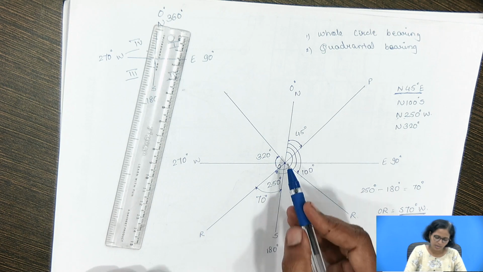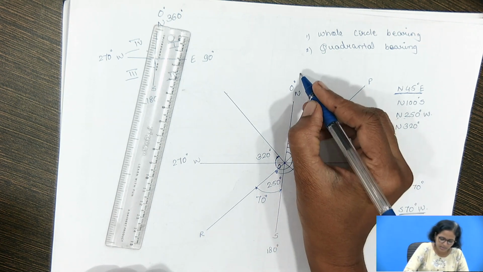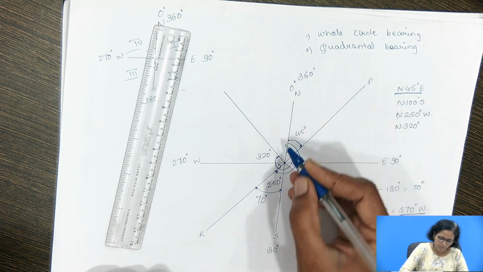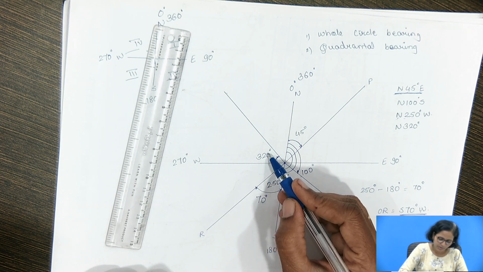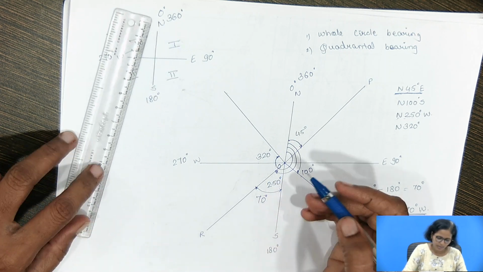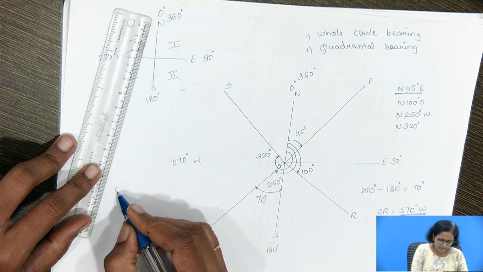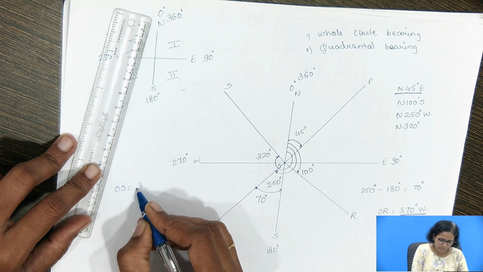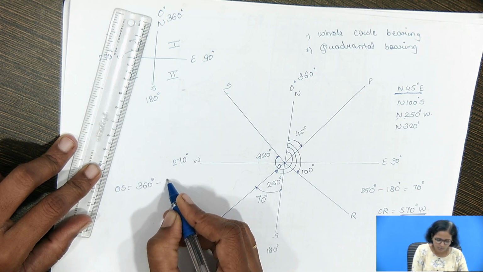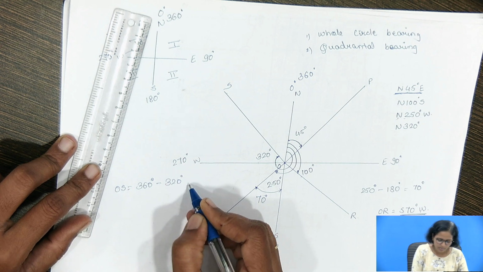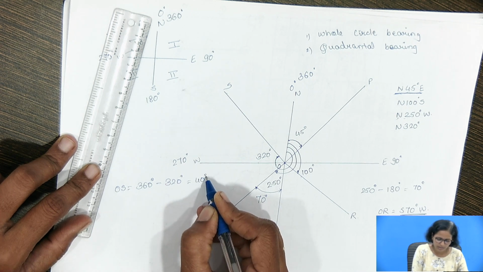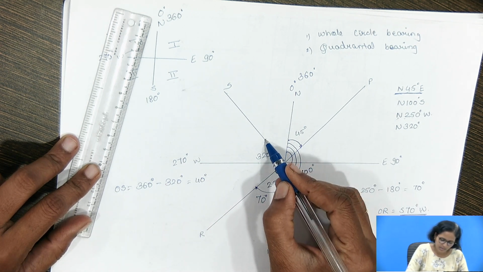If suppose here you have 360 degrees, and the angle is given to you as 320 degrees, you can see the bearing of the line OS will be equal to 360 degrees minus 320 degrees. The remaining angle comes out to be 40 degrees. So 40 degrees is this angle.